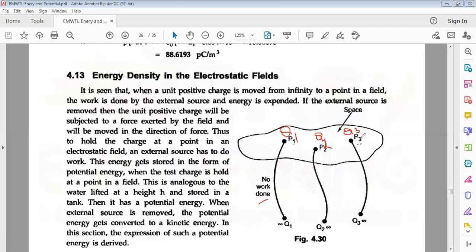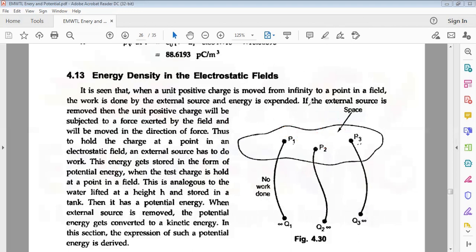And similarly, another charge, Q3, is placed at the point P3. A force is exerted on Q3 due to Q1 and due to Q2 also, Q2 and Q1 both.